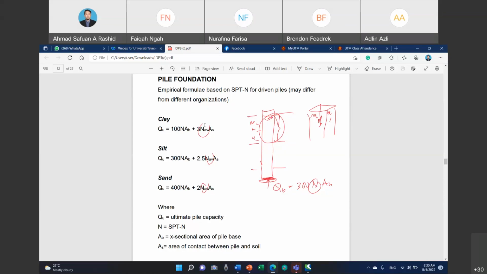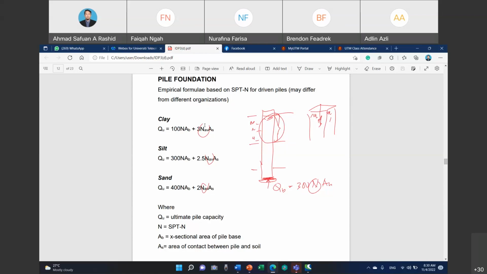If more than that, it's very difficult to obtain the undisturbed sample and to carry out the laboratory test. Okay. So satu lagi cost, very costly lah untuk kita buat laboratory test.